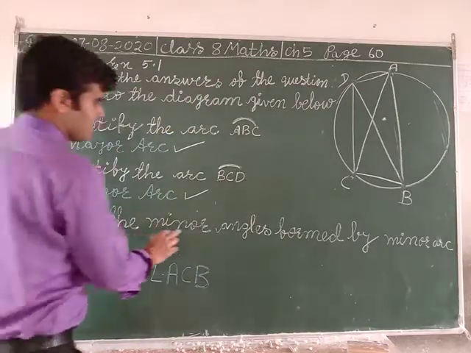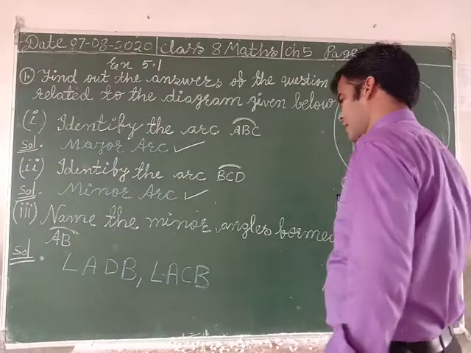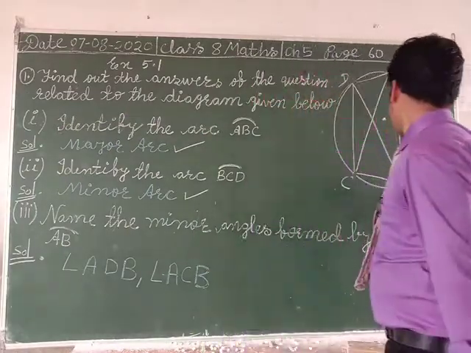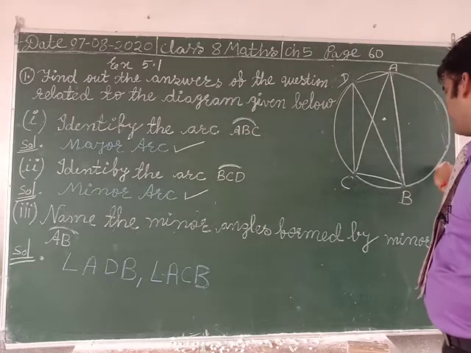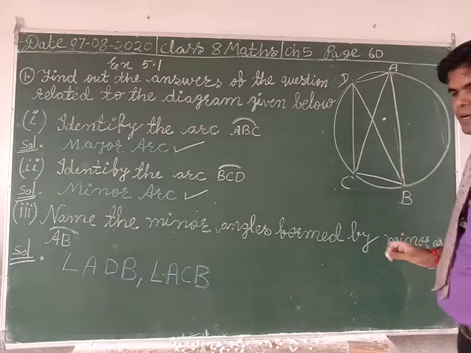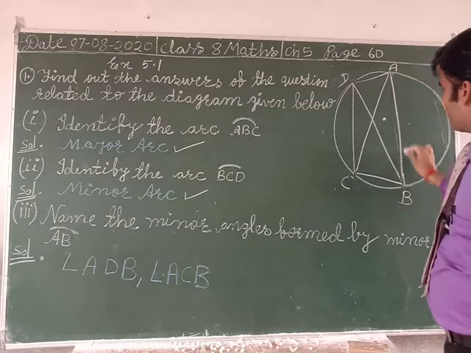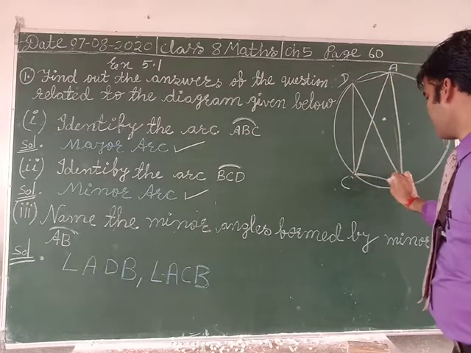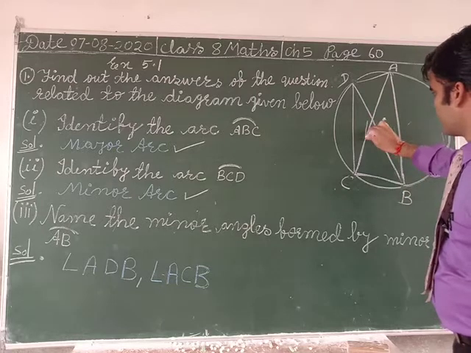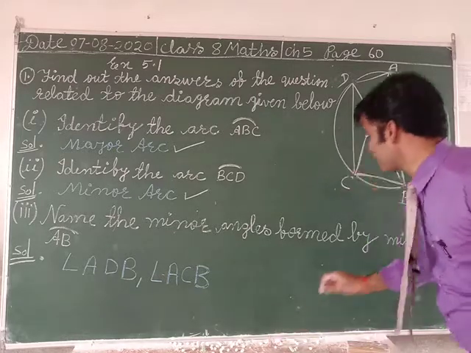Name the minor angles formed by minor arc AB. This is minor arc AB. What are the angles formed by this? By this arc we form the angle A to C and B to C. Let me make it clearer.